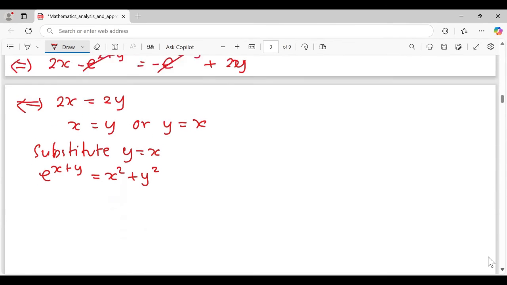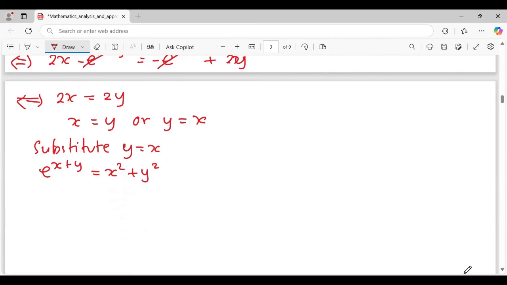There are two possibilities. The first one is e power x plus x equals x squared plus x squared, because y equals x. So it becomes e power 2x equals 2x squared.